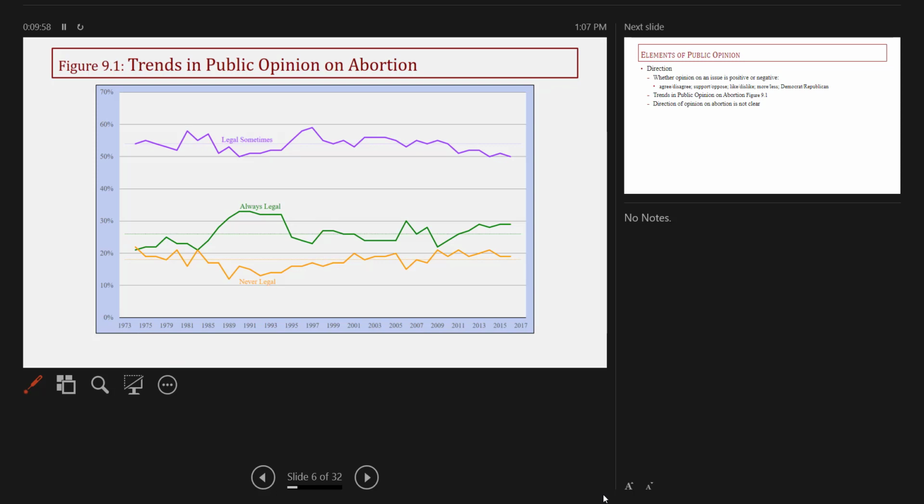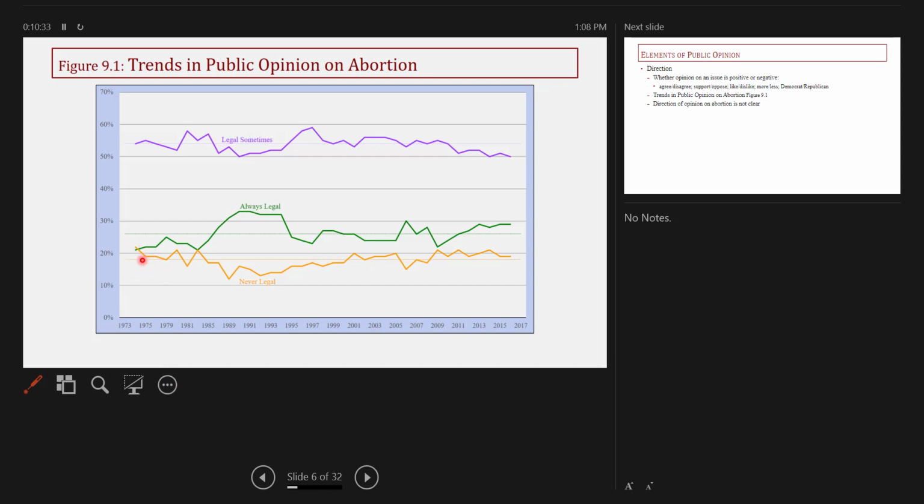And why did they start polling in 1974? Well, if you'll recall Roe versus Wade, which recognized the woman's right to choose as an individual right in 1973. And the other advantage of using this is that since the Gallup organization has done it, they've used consistent question wording all along.